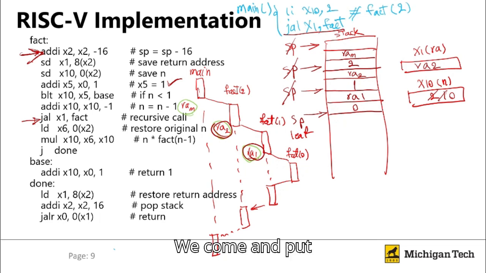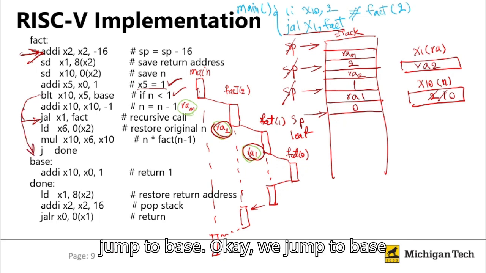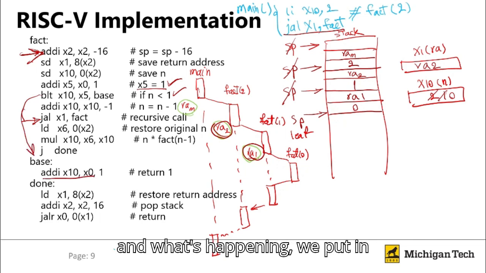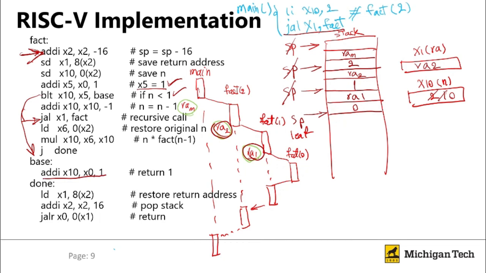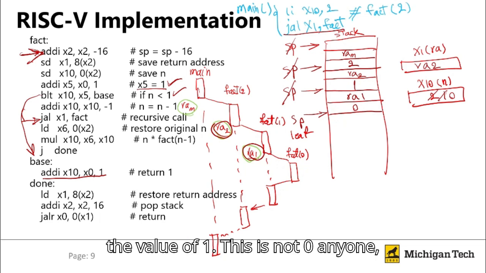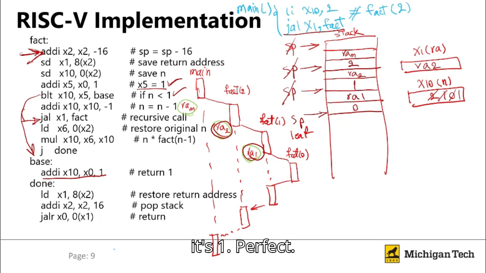We put x5 is 1. Is n, which was 0, less than 1? Yes. In this case, we jump to base. Okay, we jump to base, and what's happening? We put in x10 the value of 1. This is not 0 anymore. It's 1. Perfect.